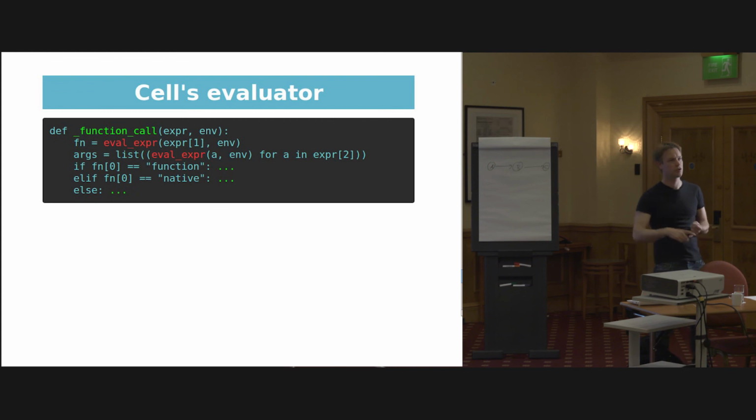It might be a function definition that's defined in cell code, in which case the first thing in the tuple will be function. And we'll see in a minute how the evaluator makes one of them. Or it might be a built-in native function, which in this implementation of cell will be a function written in Python. Unfortunately, you need a couple of them. You can't just write everything in cell.